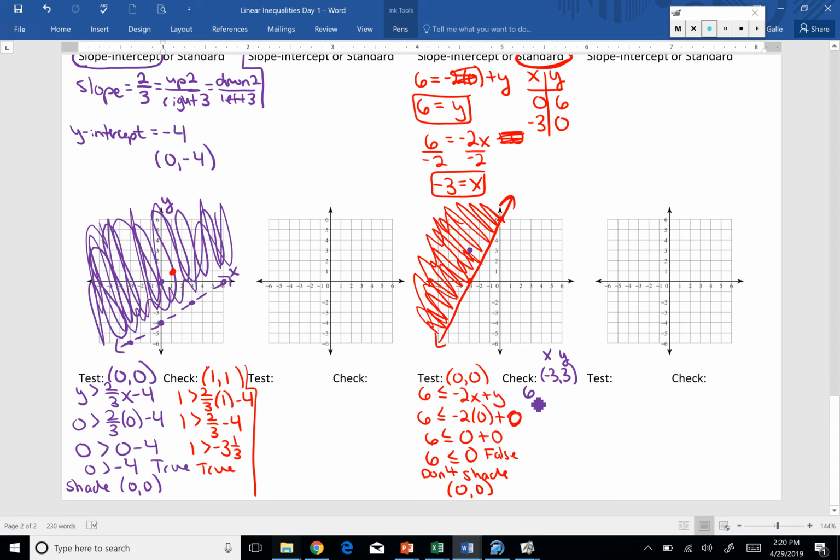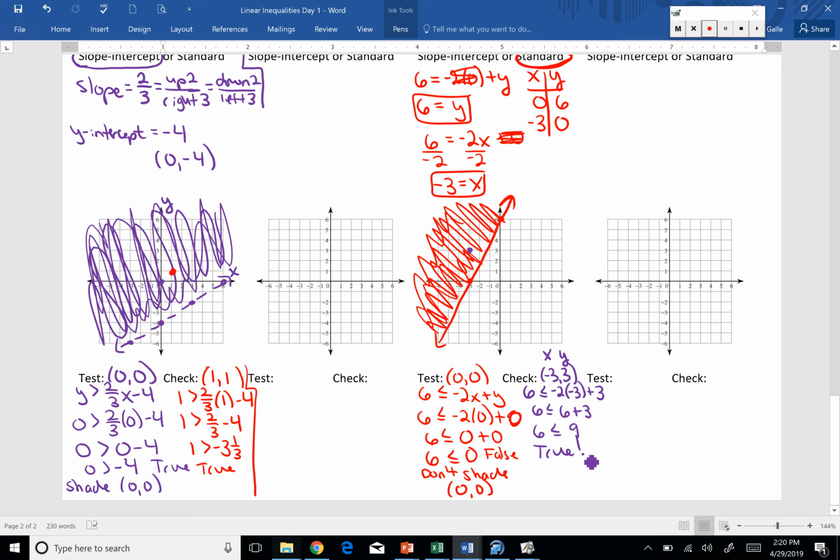We have 6 is less than or equal to -2 times my x, which is -3, plus y, which is 3. So 6 is less than or equal to 6 plus 3. 6 is less than or equal to 9. This is true, and that's what we need.